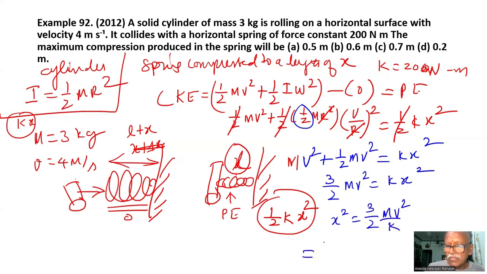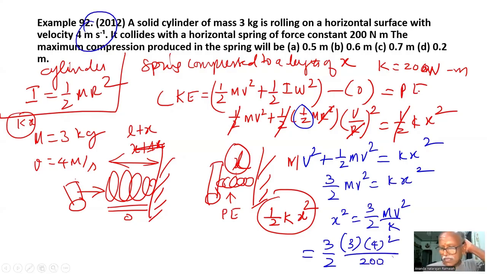Substitute all the values. 3 by 2, m equal to 3, v equal to 4, squared. Velocity is 4 meter per second. Divided by k, which is 200. So 9 times 16 is 144... the 4 and the 2 multiply to cancel with 200, giving 100. So 36 divided by 100 is 0.36.